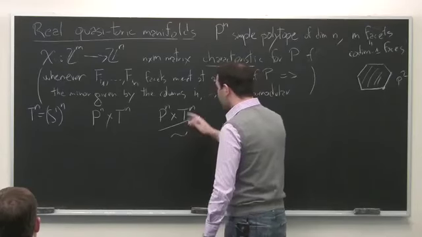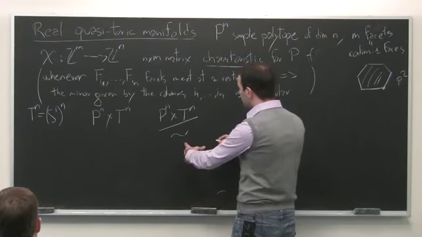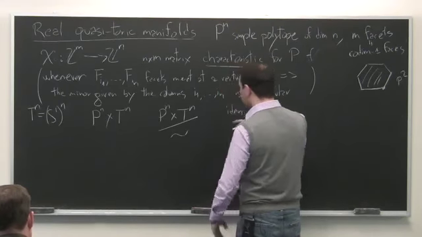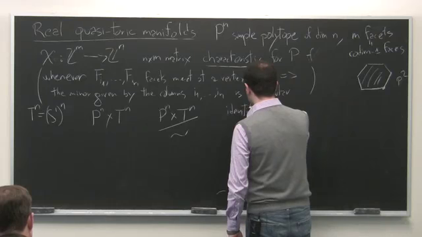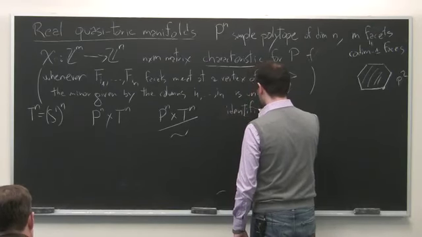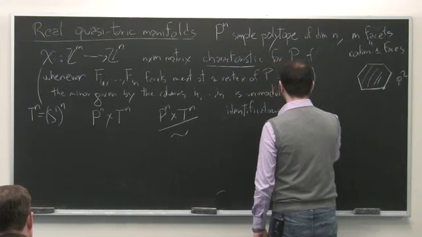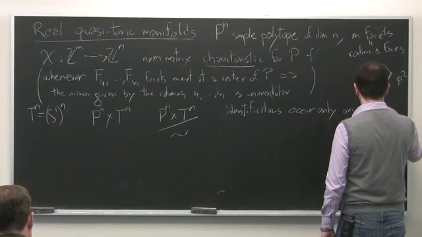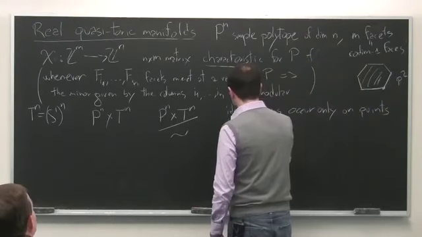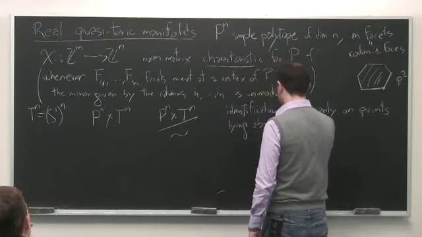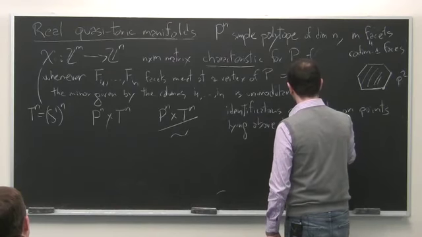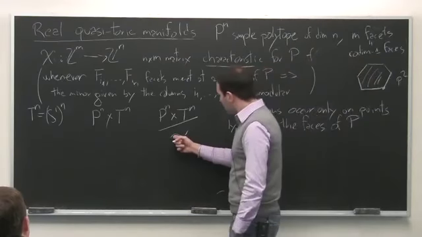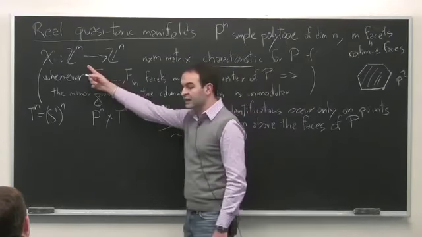And this identification, I'm not going to write it down, but essentially, identifications occur only on points lying above the faces of P. And these identifications are dictated by chi.